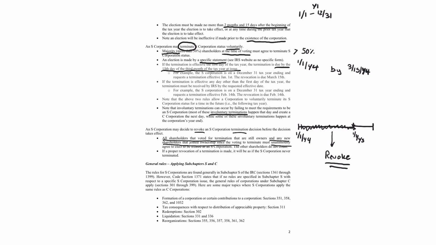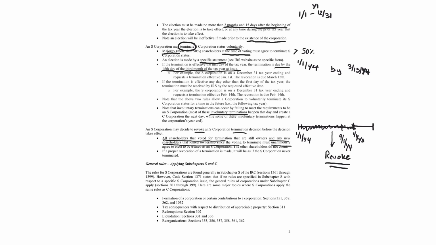So any owner on January 1st, because remember, you only needed more than 50%, that voted for termination, and any new owners as of that date that you're voting. So let's say on, I don't know, let's pick September 1st of year 4, we vote to revoke our termination. You go to all people, all owners that voted for termination, and they are the ones that vote, and any new owners. You have to have 100% consensus. If you don't, it won't be revoked.